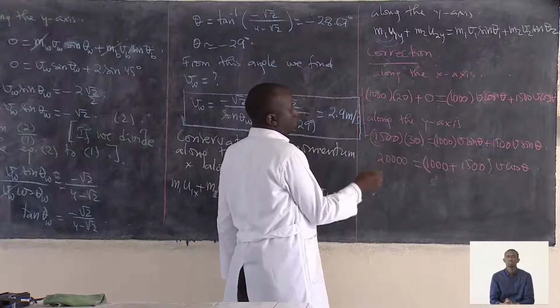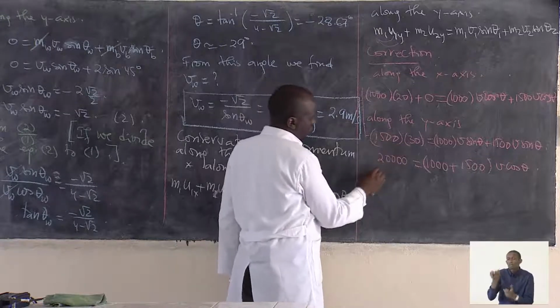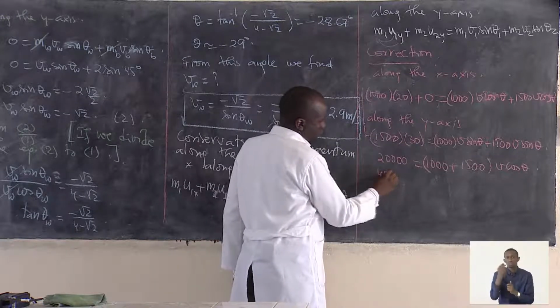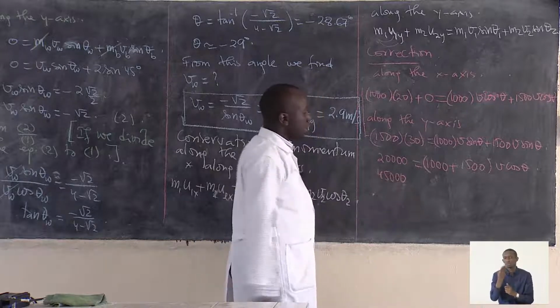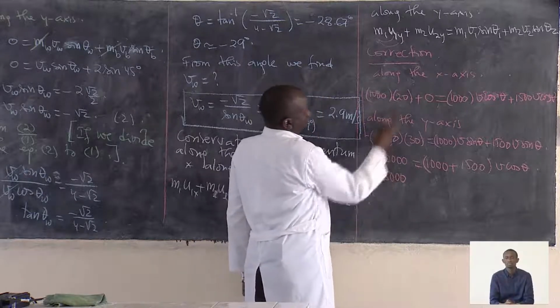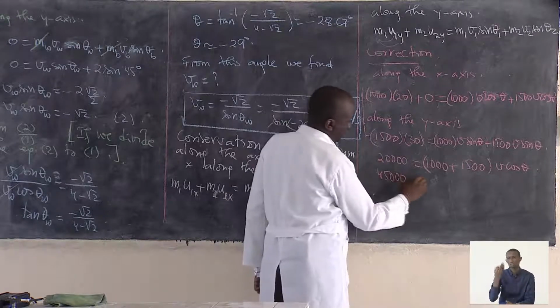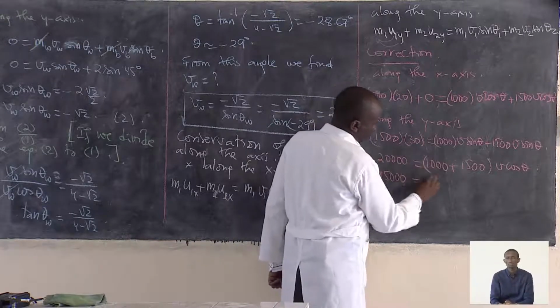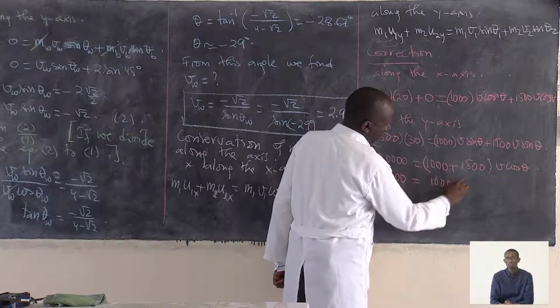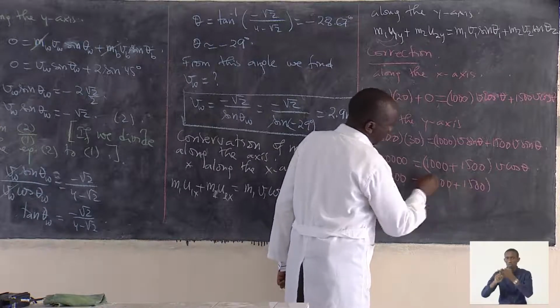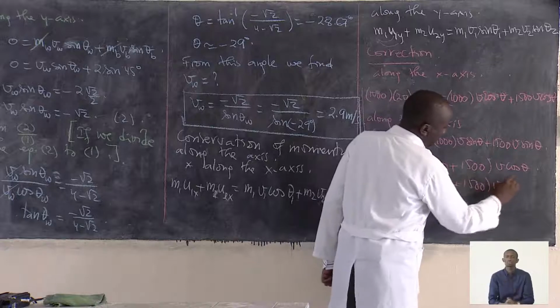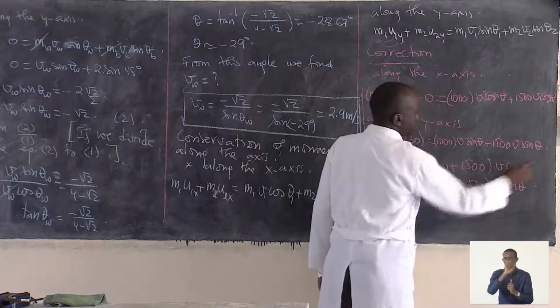And this second equation, what do we have by the multiplication? We have 45, and then 3 zeros, right? Here we have the 4 zeros, and this is the 3 zeros. And here we have 0 plus 1,500, then the v sine theta. Do you see the two equations?